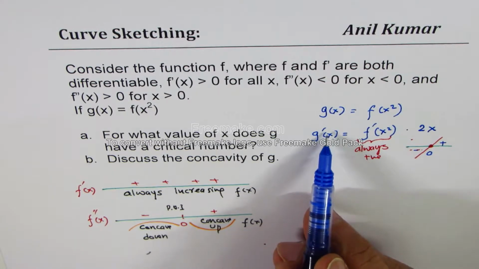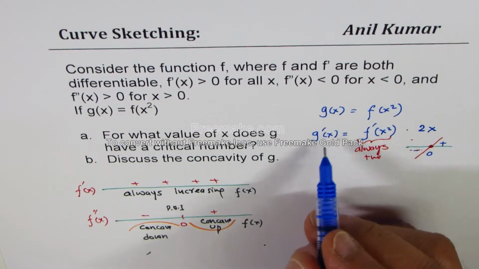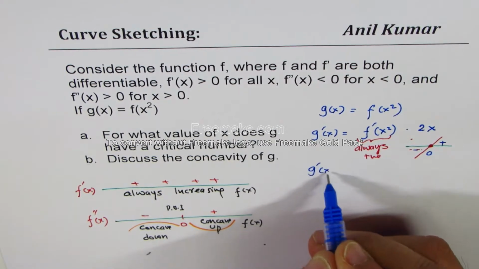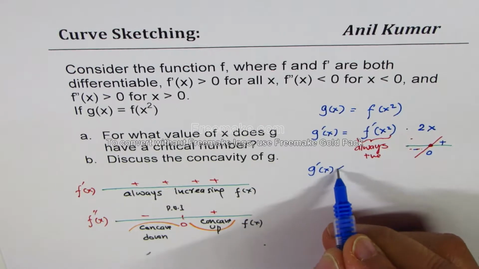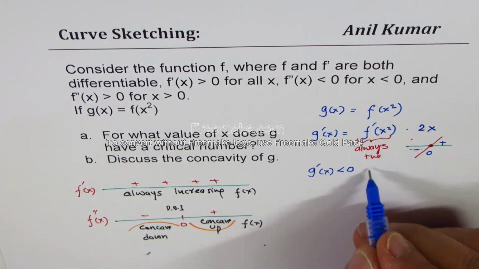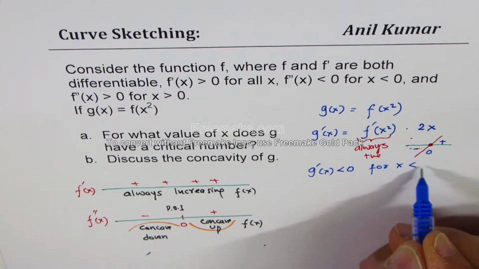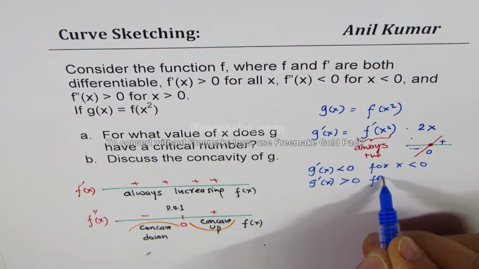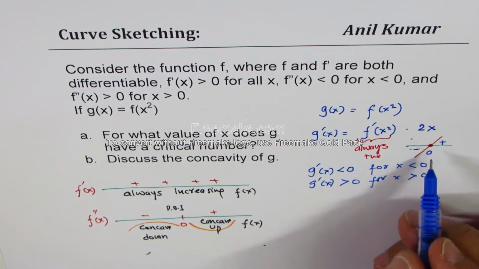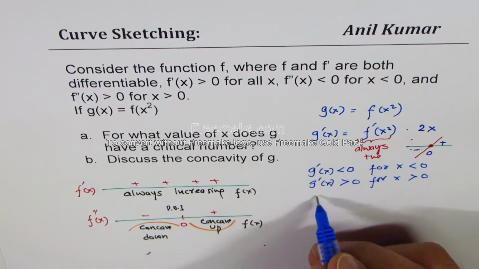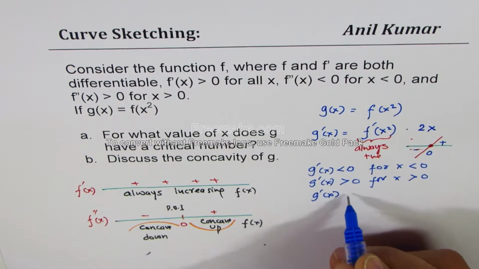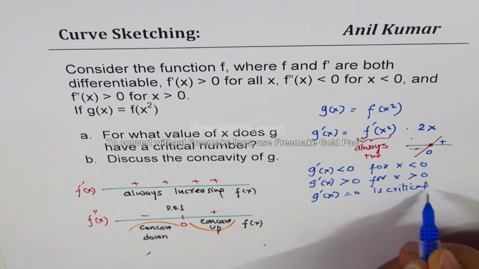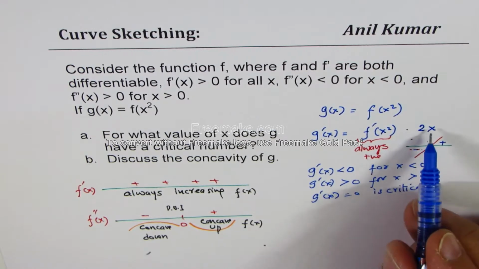So g dash x will be less than 0 for x less than 0, and g dash x will be greater than 0 for x greater than 0, and x equals 0 is a critical number, because g dash x will be 0 here.